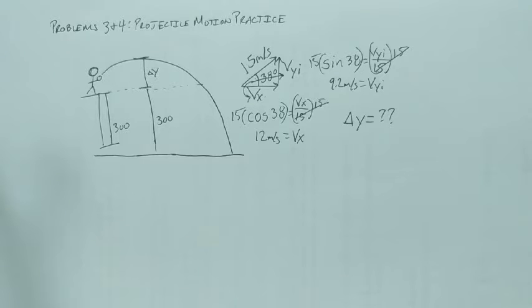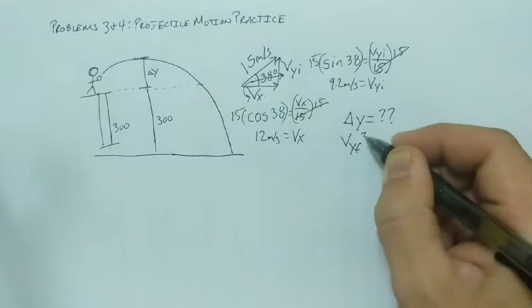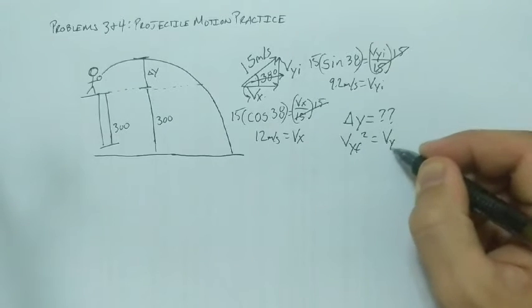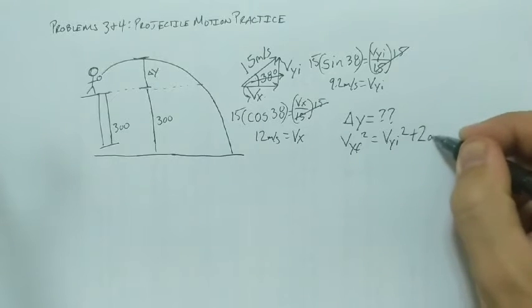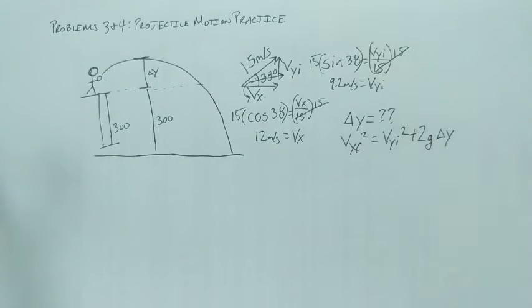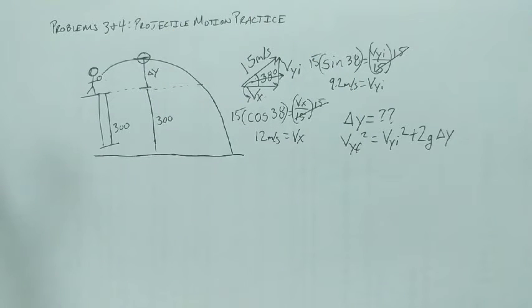I think there's 3 or 4 of them that have delta y, but only one of them I can use that has everything that I know currently. And that equation is Vyf squared equals Vyi squared plus 2g delta y. I say I know everything in this equation because I am looking at the peak of my path.